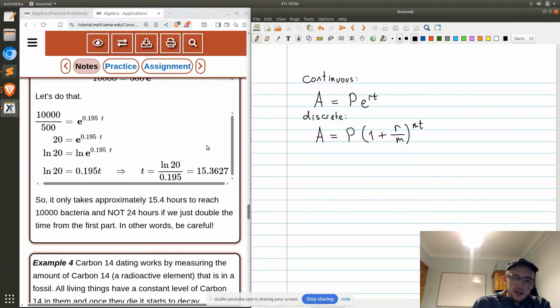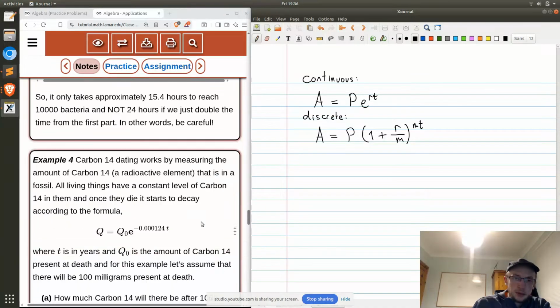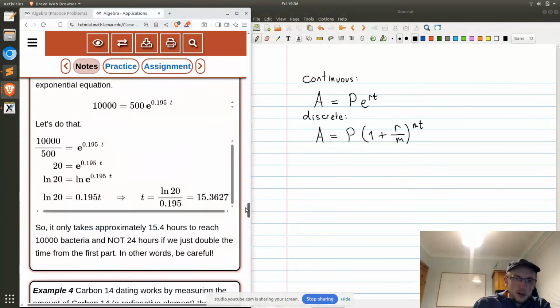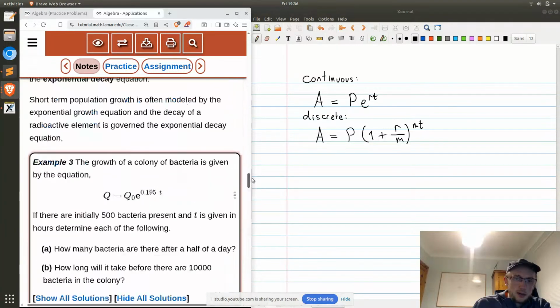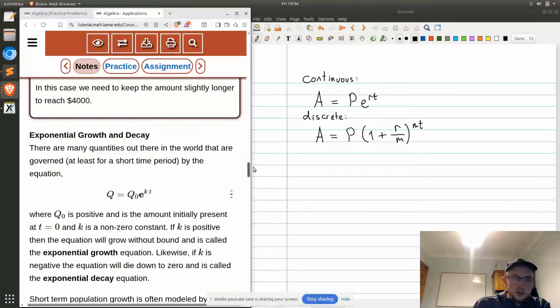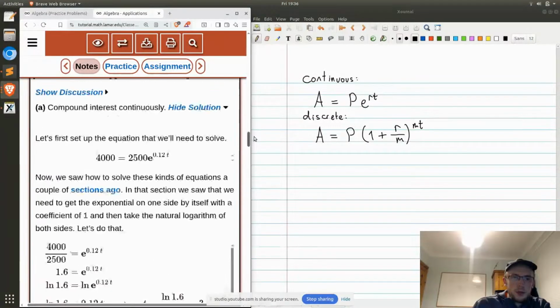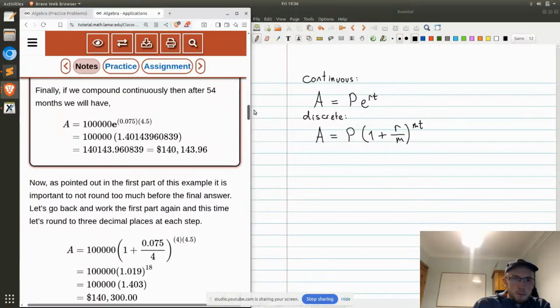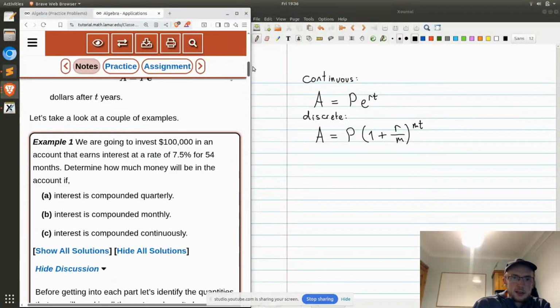For the exponential growth and decay equations, I mean, they seem pretty natural. I don't think I really have to know those. They were fine. All right. Let's just do it.